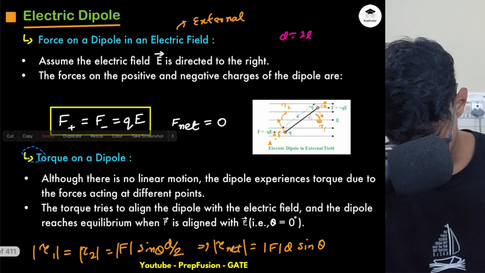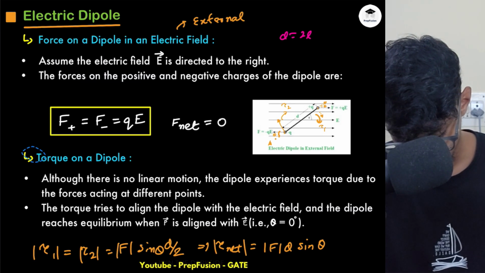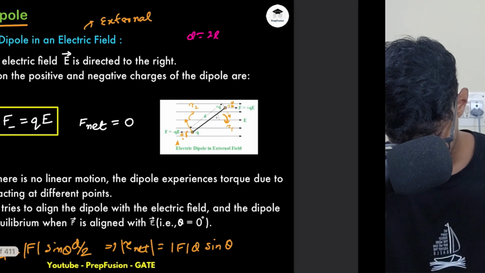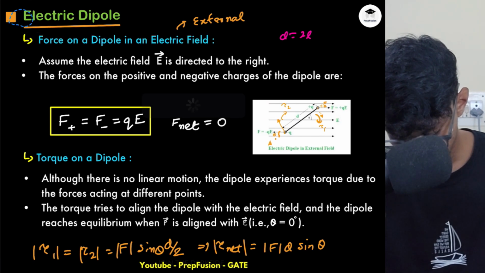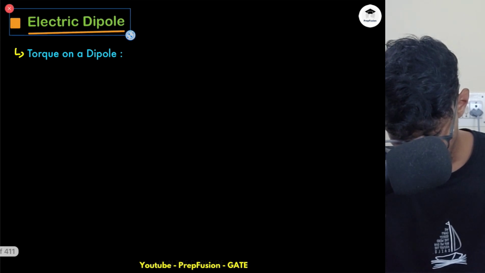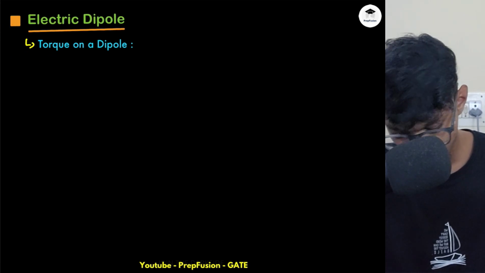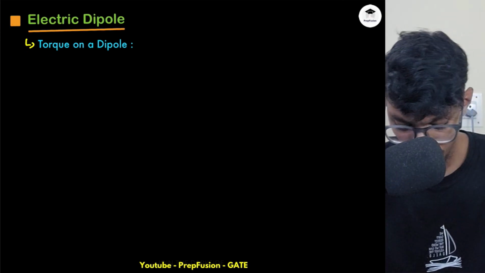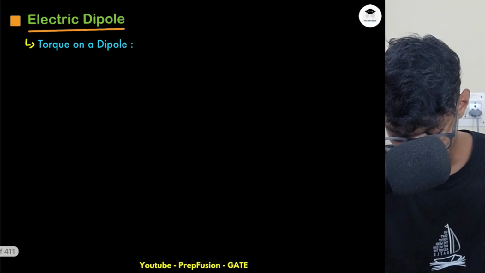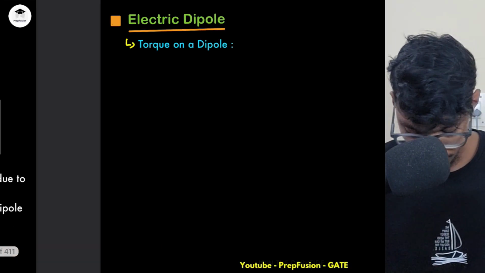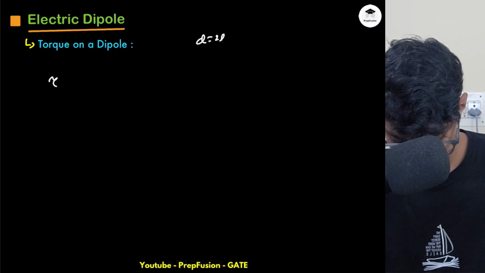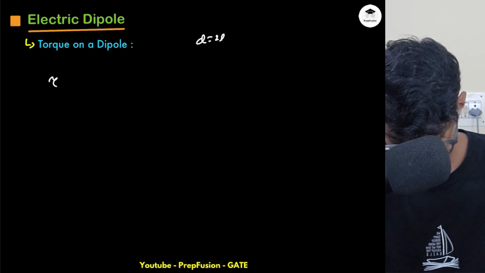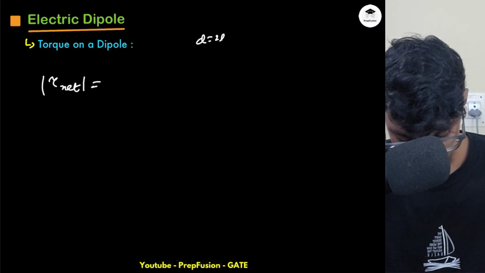I will write here only. So here, as d is equal to 2L, my torque net magnitude is equal to this.